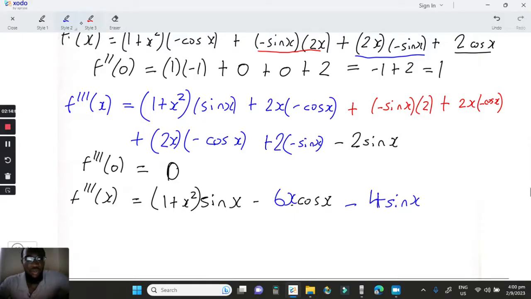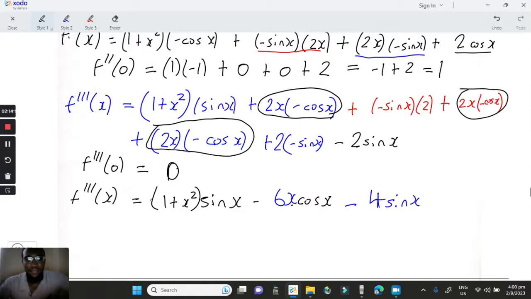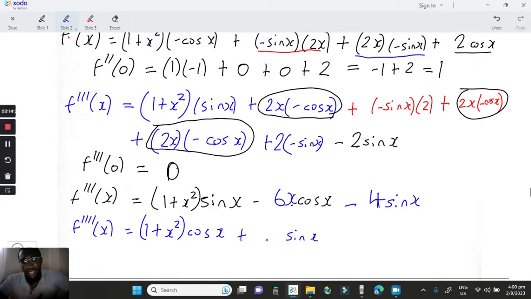Alright, so all I did was group my like terms. So I added this, and this, and this. I add those 3. So now I can differentiate it one more time. F prime prime prime of x, keep the first, times the derivative of the second, plus keep the second, times the derivative of the first.